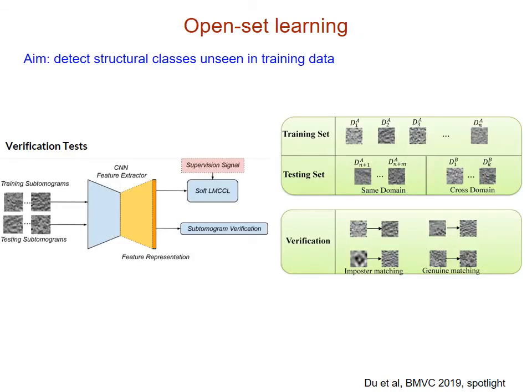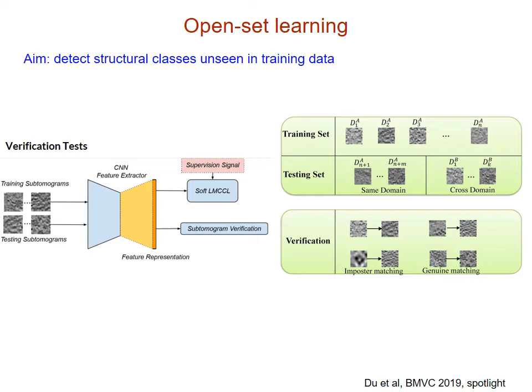As mentioned before, most of the native macromolecular structures are unknown. Therefore, it's difficult to include such unknown structure classes in the training data for supervised training.